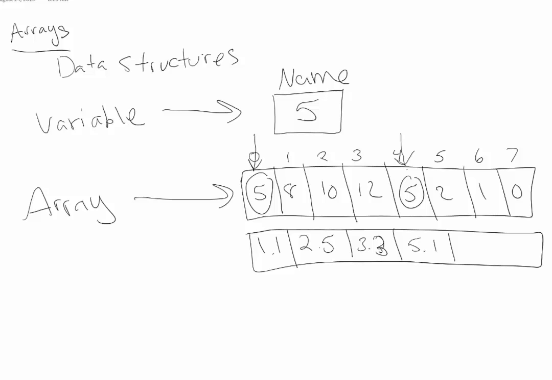When I want to reference specific parts of the array, I use this index value to point to the particular position inside of the array that I want to work with.